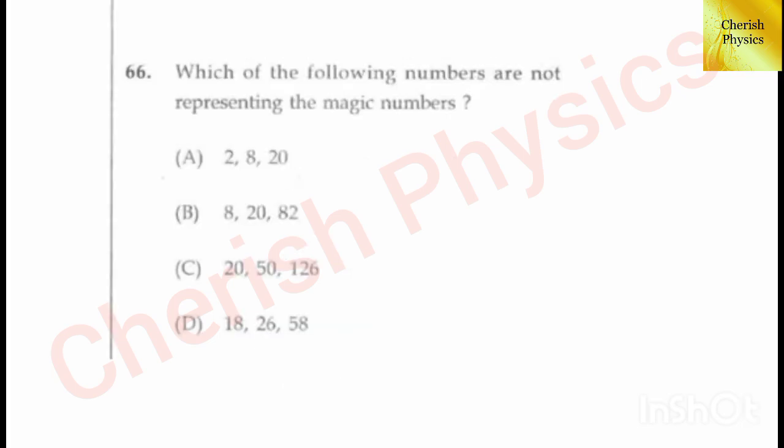Which of the following numbers are not representing the magic numbers? Magic numbers are the definite number of either protons or neutrons of a stable nucleus. It is the evidence for shell model. The magic numbers are 2, 8, 20, 28, 50, 82, 126. Hence, the answer is option D.